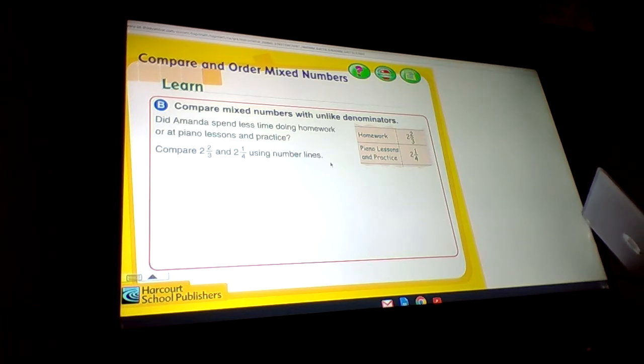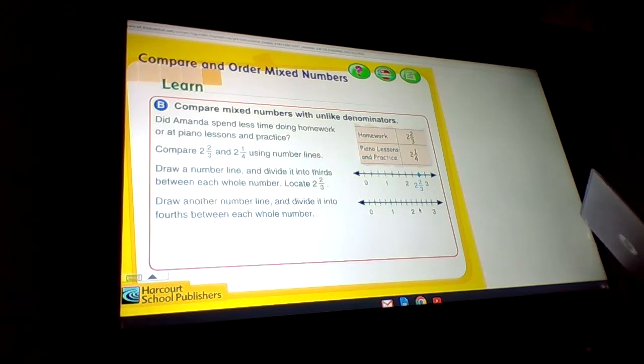So when we compare 2 2/3 and 2 1/4, we can use a number line. Draw a number line. They have it divided into thirds. There's 1, 2, 3. They're showing you the whole numbers. Locate 2 2/3. It's going to be right there.